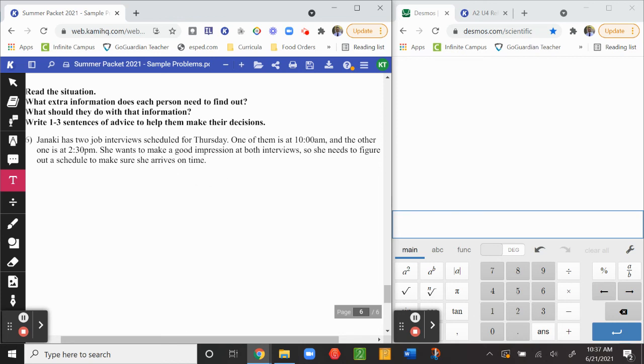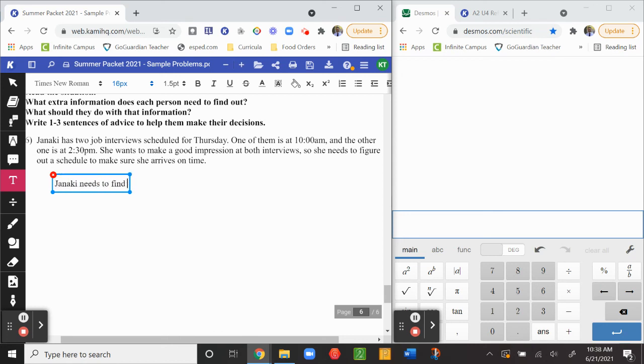Okay, I could give Janaki some advice for how to achieve her goal. She's got to travel to 2 different places for her interviews, and she needs to show up on time. So I would tell Janaki that she needs to figure out how long it takes to travel to each of these interview locations. I might write that as a sentence. Janaki needs to find out how long it will take to get to each interview.